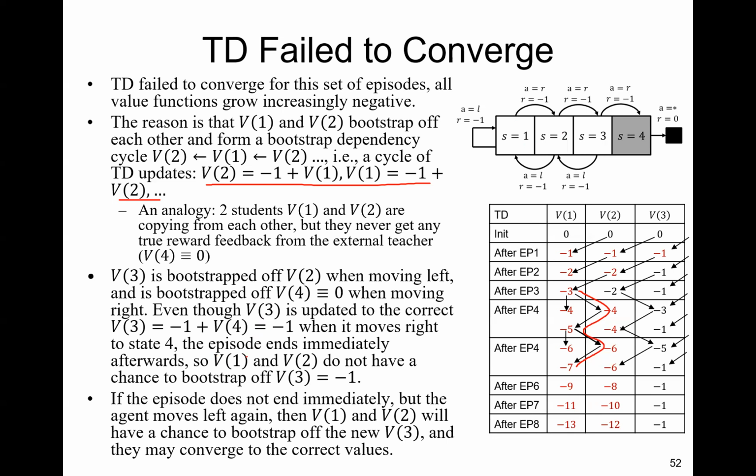So V1 and V2 do not have a chance to bootstrap off the new V3 equals -1. V2 bootstraps off the -3 of V3, which was bootstrapped off the previous value of V2. So the ground truth value of -1 never propagates left.